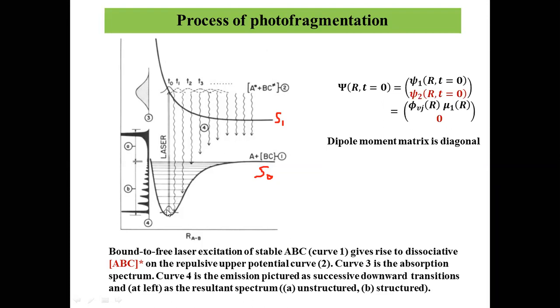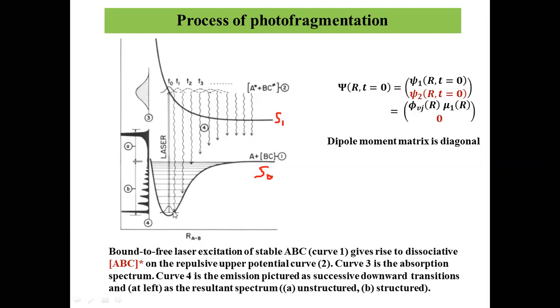Now as we are taking the ground state by laser to this excited state, what should be the actual state representation initially, at time t equals to 0? That should be multiplied with the dipole moment operator. You can think about this. So at t equals to 0, the initial wave function, the second part is going to be 0 because that was not populated. The first part we need to multiply with the rovibrational states.